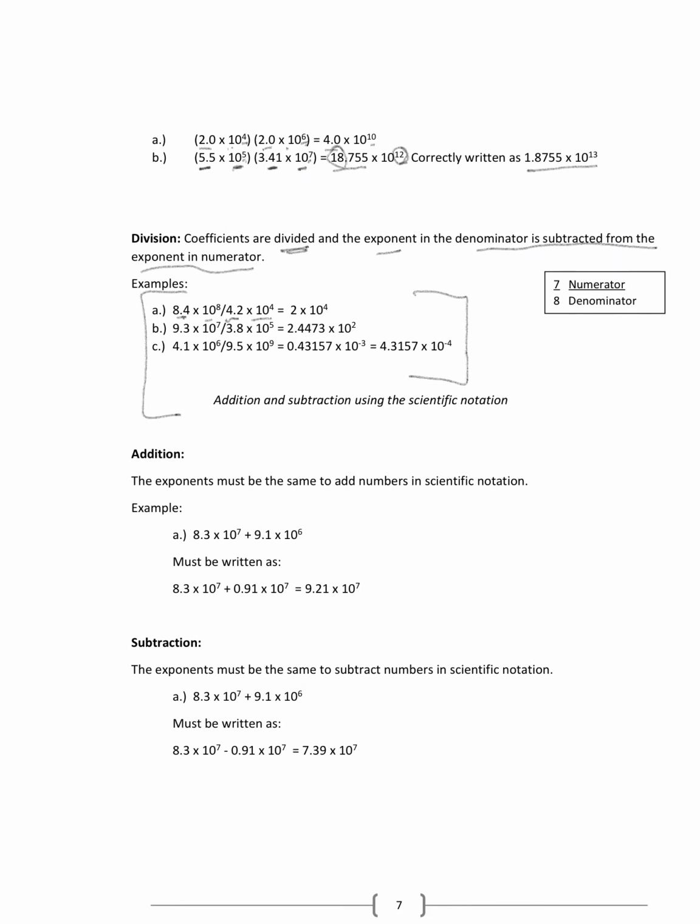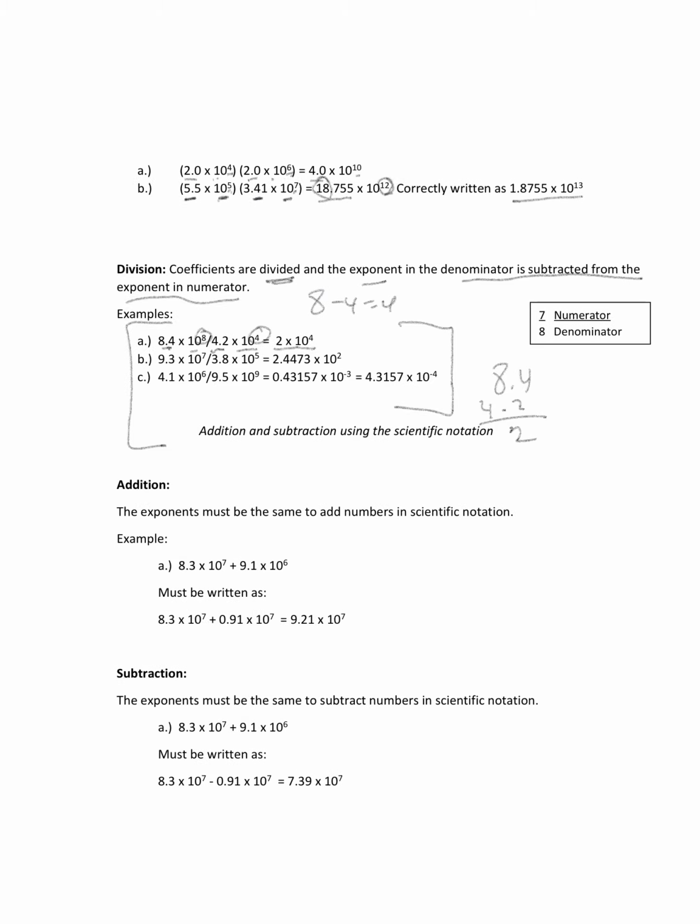I'm going to divide the 8.4 by 4.2, and I'm going to get 2. Then we have the exponents, 8 and 4. 8 minus 4 equals 4. So my final answer is going to be 2 times 10 to the 4th.